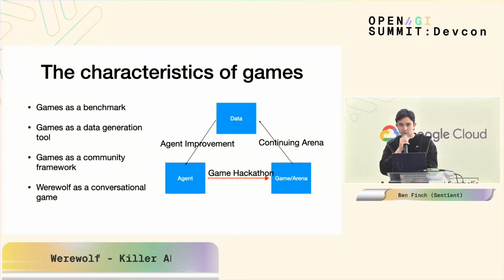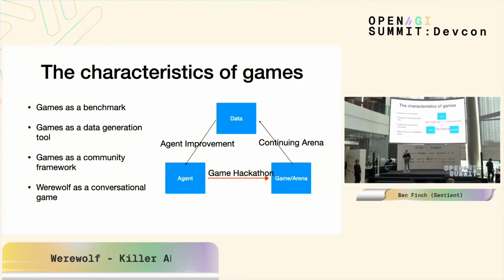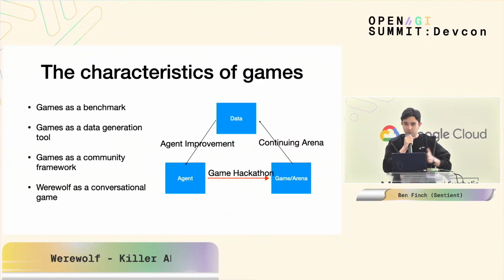Also very importantly, unlike AlphaGo, Werewolf is a conversational game. Unlike AlphaGo, where there are fixed rules, all the actions that the agents can take are in natural language. So here we have a unique opportunity where you have a source of truth within this game, where you can see who won and who didn't.